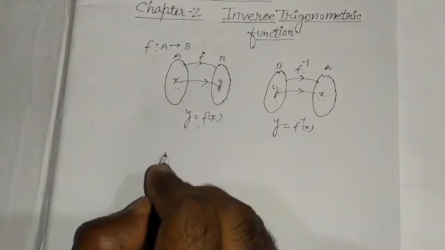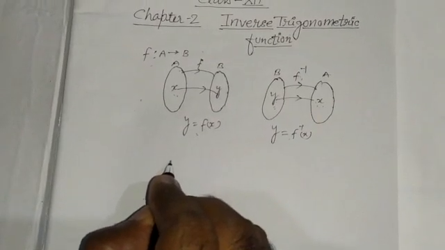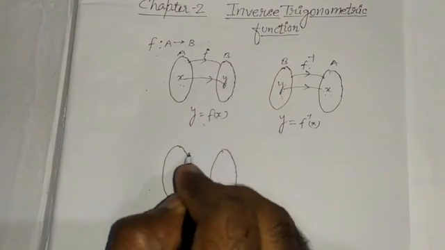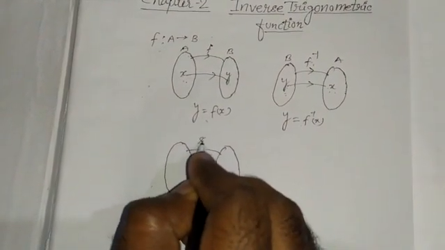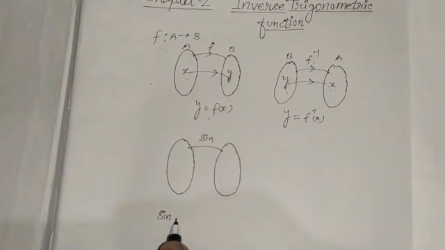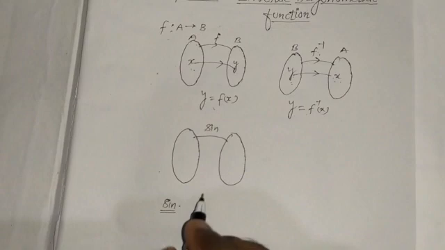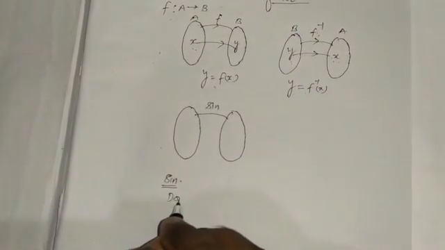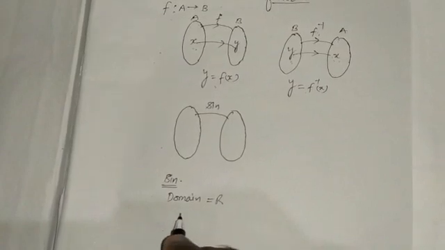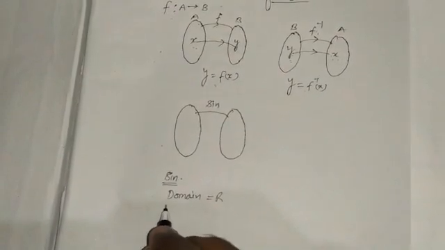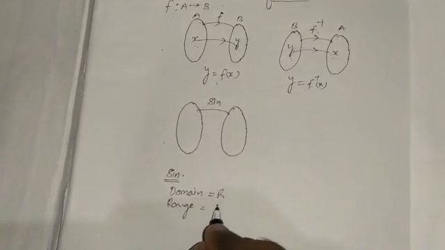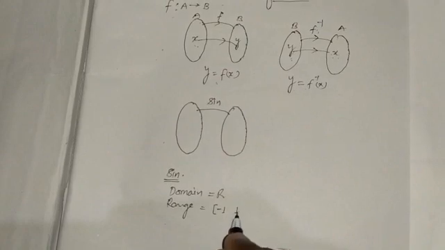Okay, now students, let's see one example. Suppose a trigonometric function, sine. In class 11th I discussed that sine is a trigonometric function. The domain of the sine function is the set of all real numbers, and the range of this sine function is the closed interval -1 to 1.